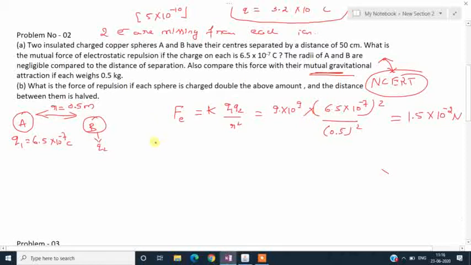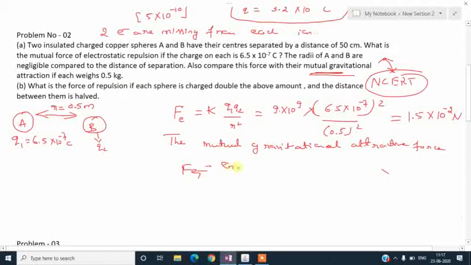Now find out what is the gravitational attraction between them. Because gravitational force is always an attractive force. So the mutual gravitational attractive force Fg will be, we know the formula, the universal gravitational constant G, m1 m2 divided by r square.